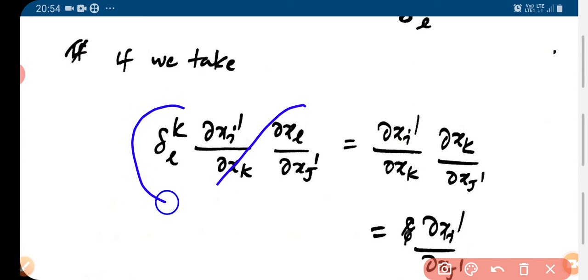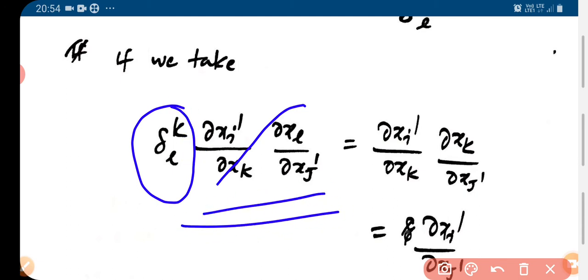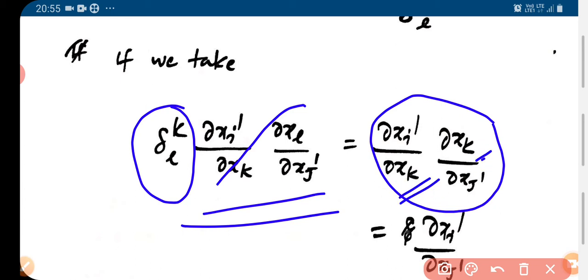Otherwise, since δ^k_l is 0 for k not equal to l, the term will be 0. So we have to take a summation, and for values of k not equal to l we get 0. We are left with ∂x_i'/∂x_k ∂x_k/∂x_j', with summation over k implied.